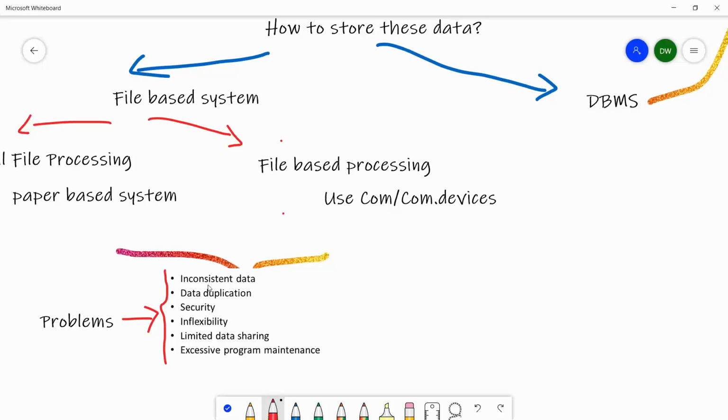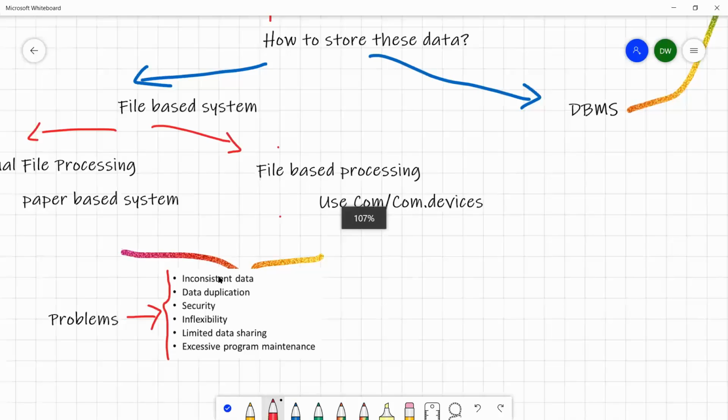So that means you need to think of managing all those files and file systems, and that managing part will also be troublesome sometimes. Therefore what we do is we forget about these file-based systems and go for database management systems.